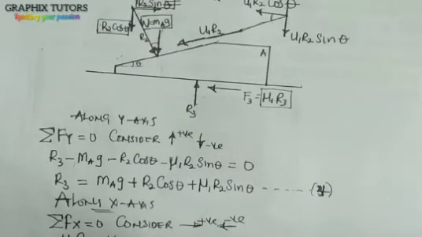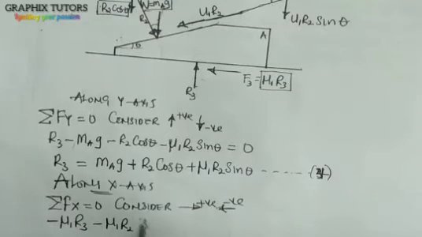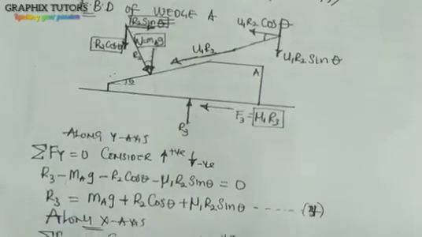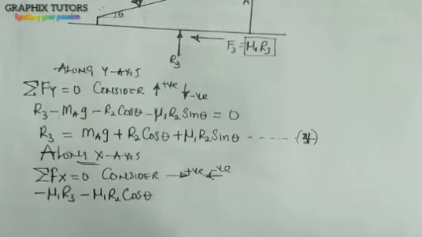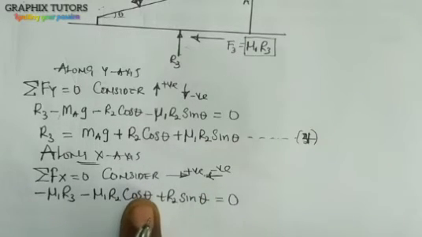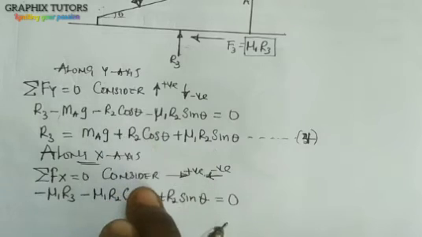We have mu1 r2 cos theta, right? So we have another one again coming towards the right, and that is what? r2 sine theta. So we have this to be r2 sine theta equals to what? 0, right? So in this case, you can put your r3 into this, right?